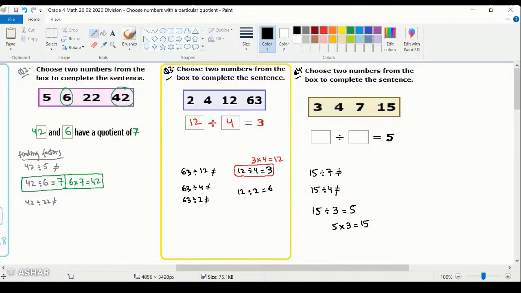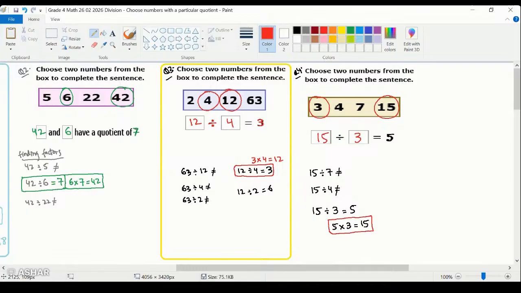These are the factors. So 15 divided by 3 equals 5. Agreed? Perfect. Thank you, Adeboy. Thank you, May.